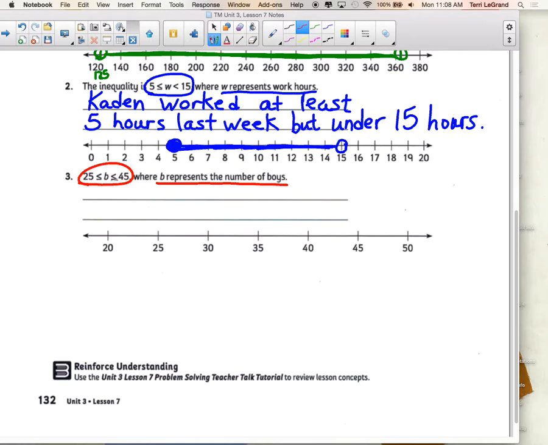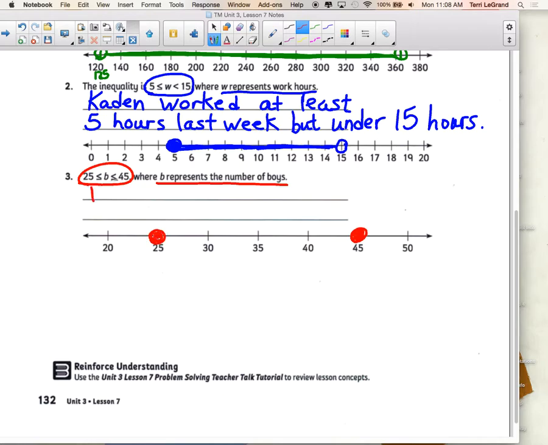So in other words, if it's under 45, would 45 be included? No. Do we need 45 included? Yes. According to this, we need 45 included, don't we? Okay, so you're close. I like your "at least" because the 25 does have the equal to, so it's going to be shaded in.